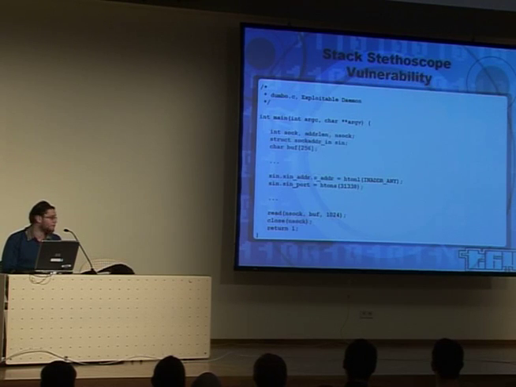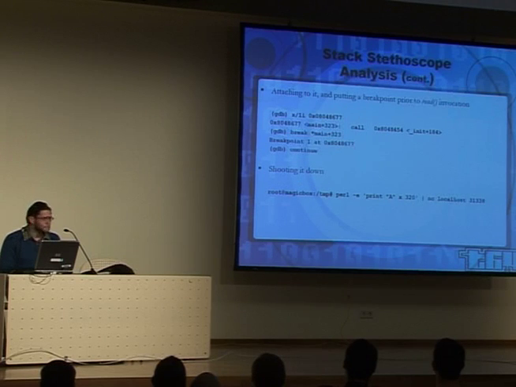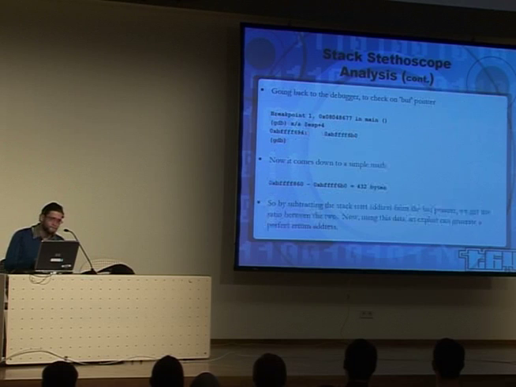So the vulnerability is in a very simple daemon, Dumbo, which happens to have an overflow in the lower section. It reads more bytes than expected. What happens is we start the daemon, get the initial ESP value, attach to it, put a breakpoint before the actual read occurs to get a sense of what the current buffer variable on the stack is, shoot it down using a simple buffer overflow line, and go back to the debugger to check what the buffer address variable was.